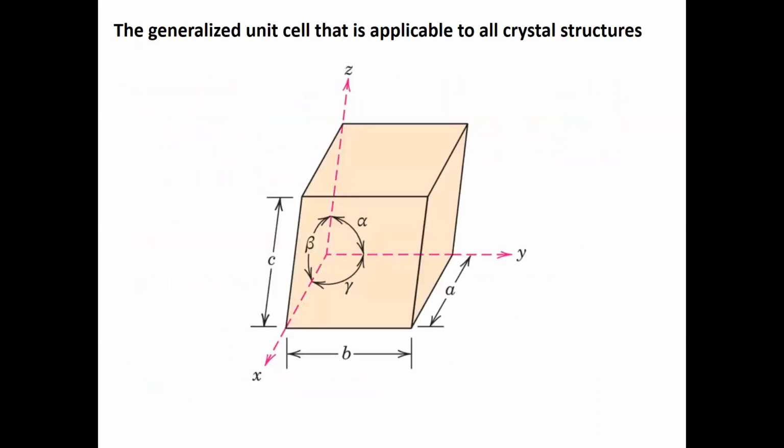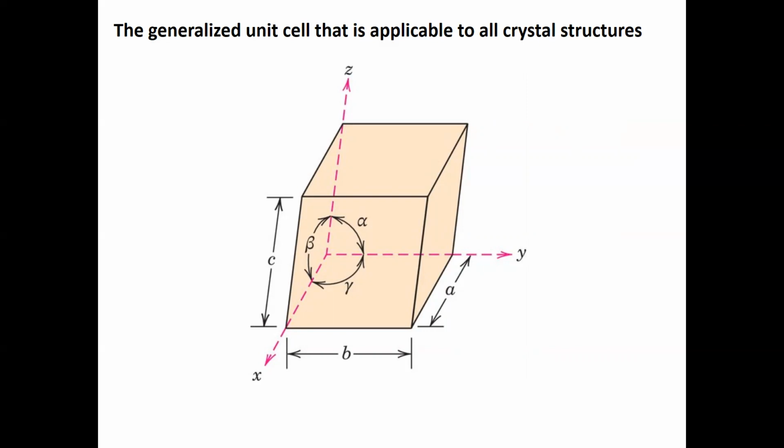So now if we go back to our lecture, when we started looking at the crystal coordinates and the directions and the Miller indices for the planes, we had said that these rules apply in general for all crystal structures, right? But we'd only been looking at cubic crystal structures in our case. And the reason for that is that the generalized unit cell is not a cube.